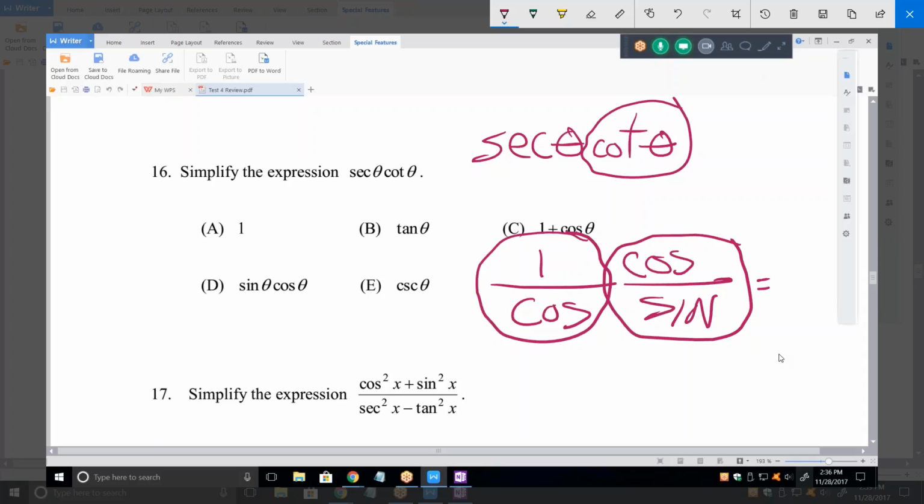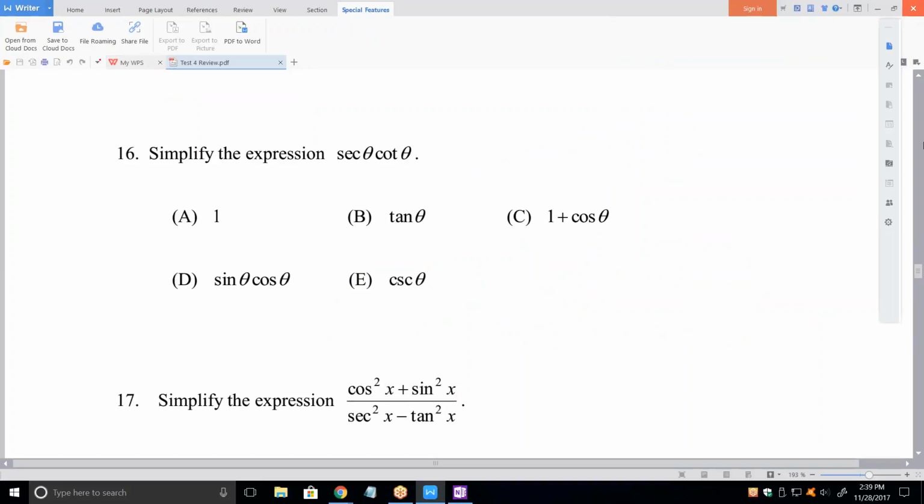It'd be 1 over sine. And simplify that. They don't like having trig functions in the denominator. Be cosecant. Correct. There you go. That's how we're going to do all of these. We're going to use those 11 basic identities to do every problem they're about to ask.